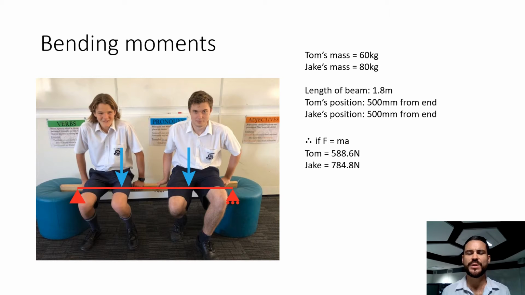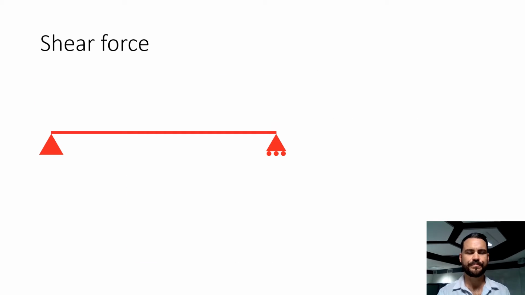If we were to draw a free body diagram, the diagram is going to look a little bit like that. Try not to get too hung up on where I've positioned the blue arrows. I know that they're not right in the student centers, but I've done that deliberately just to make the example a little bit easier to work through.